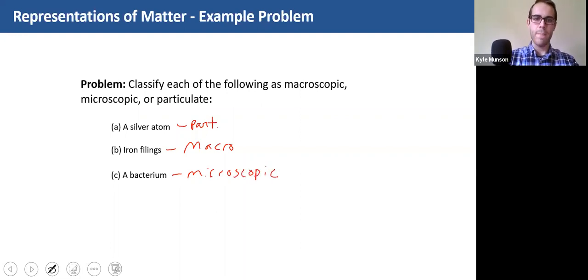Okay, so again, a silver atom is particulate. Can't see it with a powerful optical microscope. Iron filings, I can see with my naked eye. They are macroscopic. A bacterium, I can see with a microscope. So that's the classifications here.